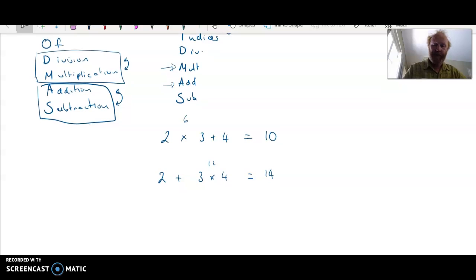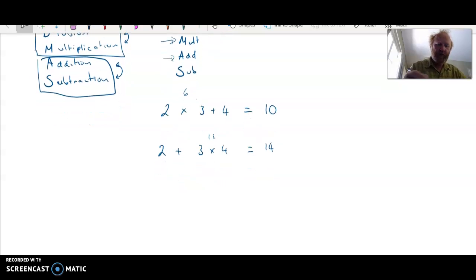This same process goes throughout all of the questions that we do where multiple different parts are involved. And right to the end of maths, every time you're doing maths forever, these rules apply. And it's all about making sure that we all understand the same thing.